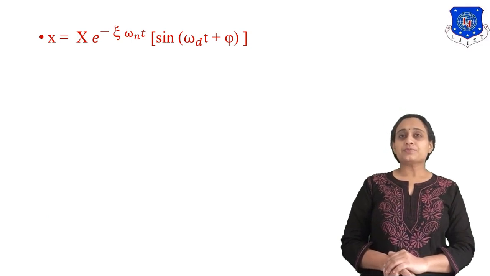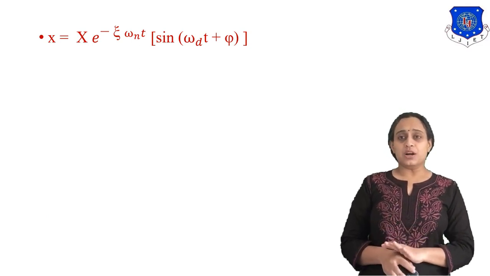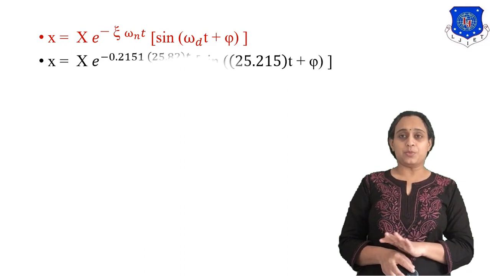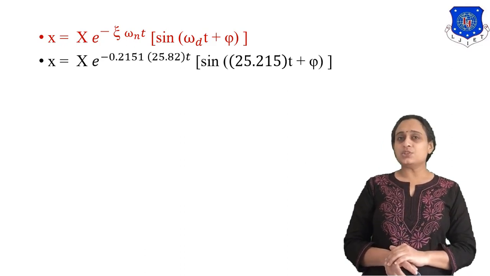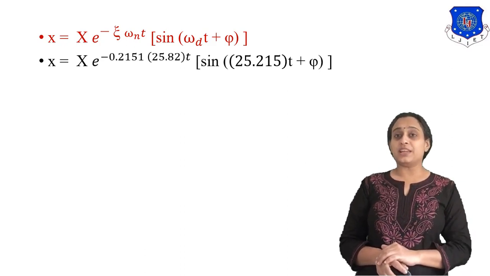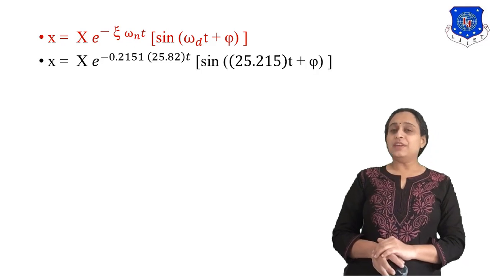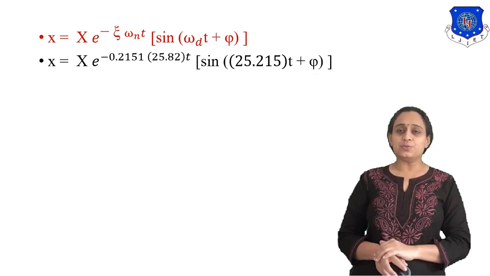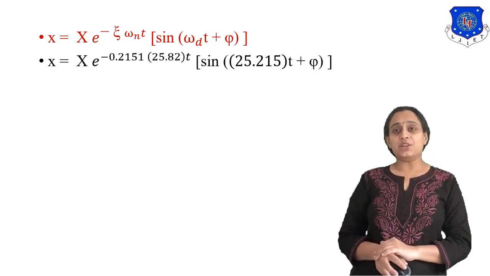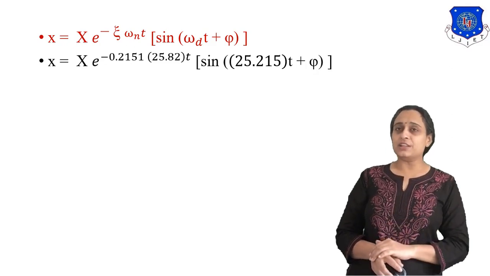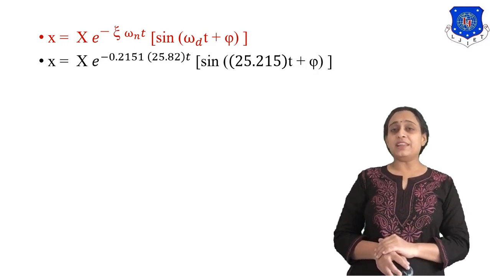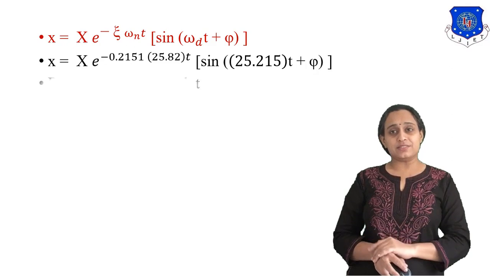Now this equation is given to us, we already know this equation. Now let us solve by putting in our values. We have already found the zeta value, we know the omega n value, we have the omega d value. So let us put them in, and finally our equation will be like this.